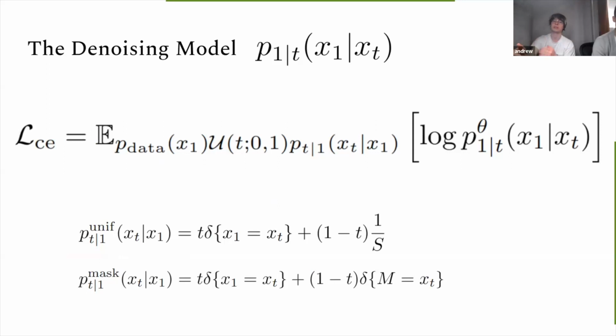So you corrupt it a bit, and then you predict logits on that clean data point from your neural network, and then train using the cross entropy. And given the examples we had before of what that conditional marginal distribution looks like, it's just some linear interpolation between the noise and a one hot vector on the x1 data point. So it could either be interpolating from uniform or interpolating from mask, and these are just different choices you can make for your data.